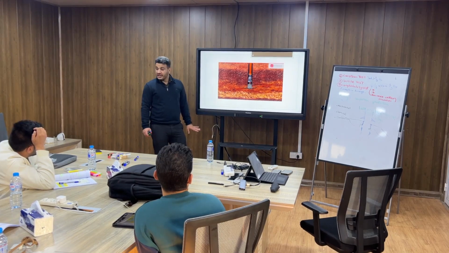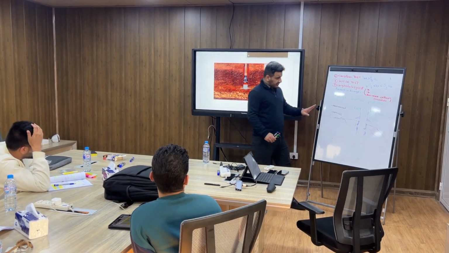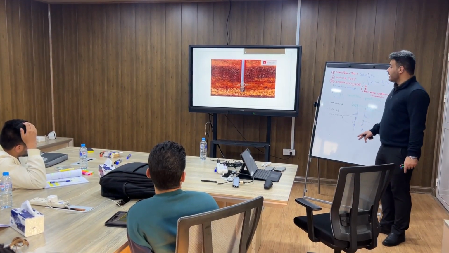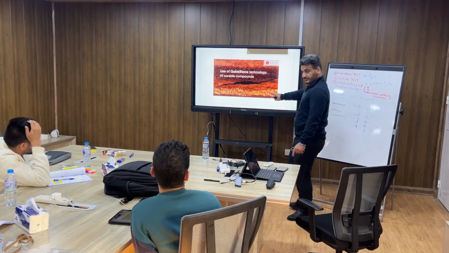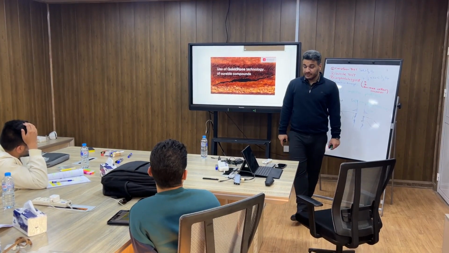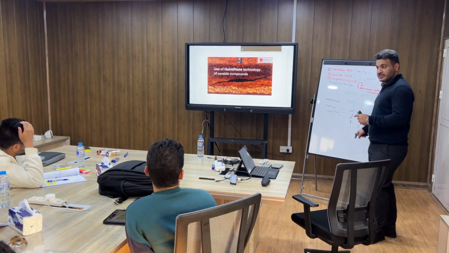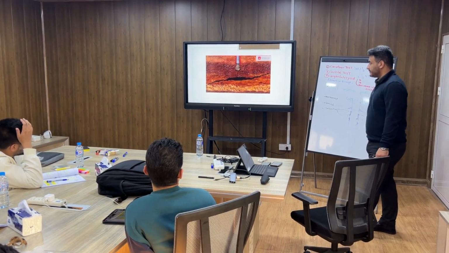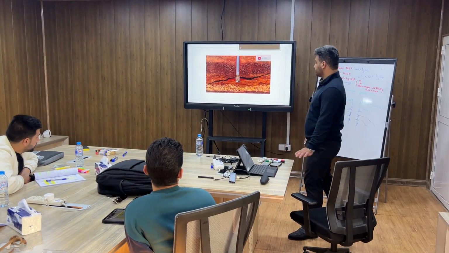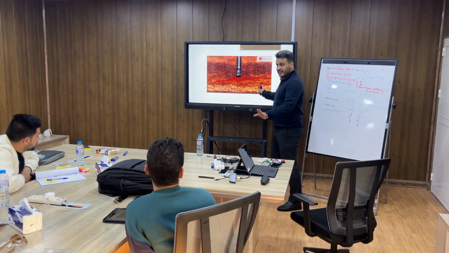In the harsh condition, we cannot control the lost circulation with lost circulation material. We inject cement because we have a very big fracture. So in the harsh condition, we change the lost circulation material to cement.